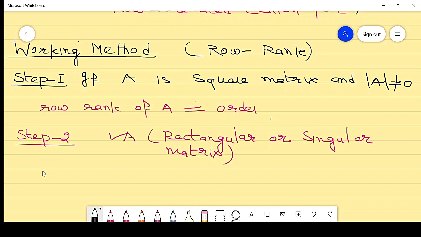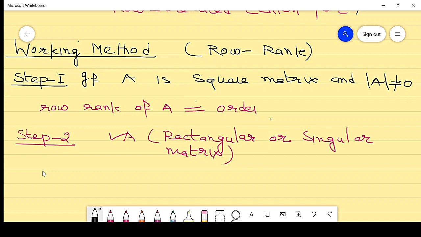Similarly in case of column rank. And also remember that the row rank and column rank are always the same. So remember this thing. Clear? Now after that we will do some important theorems.